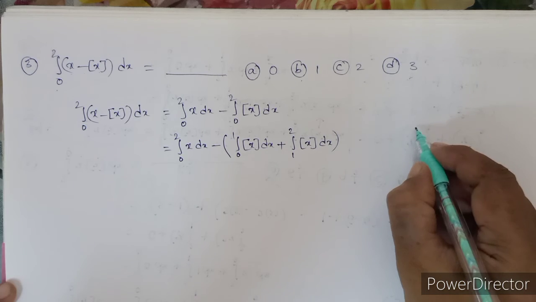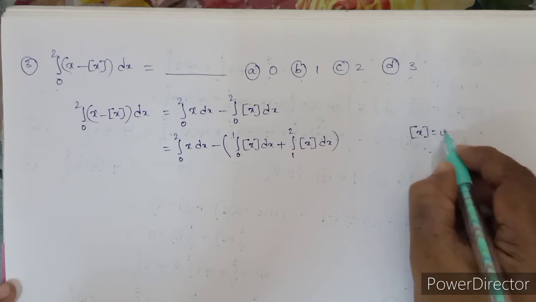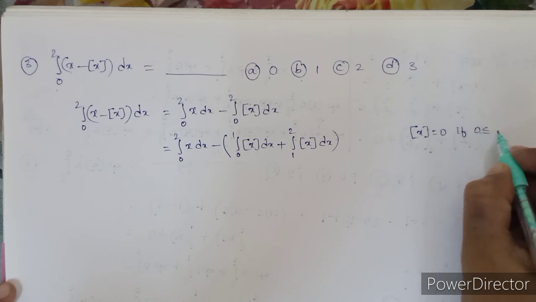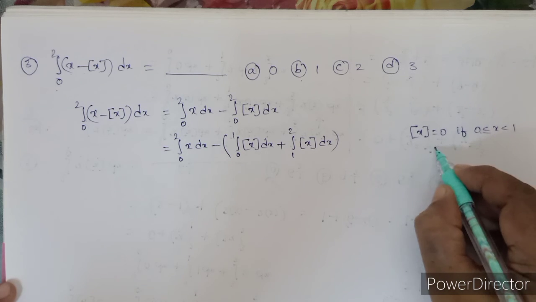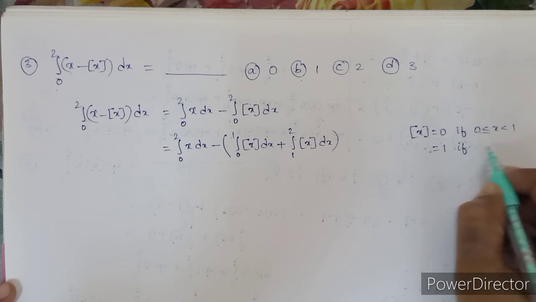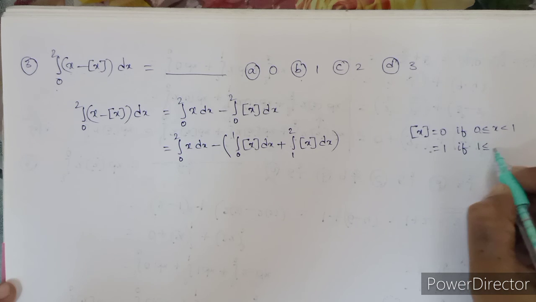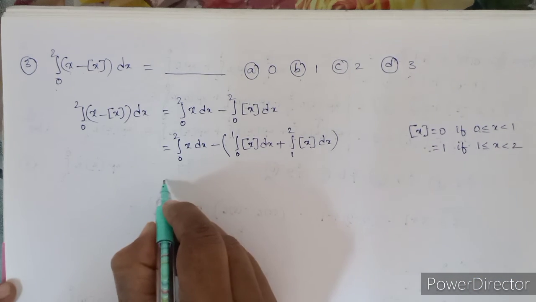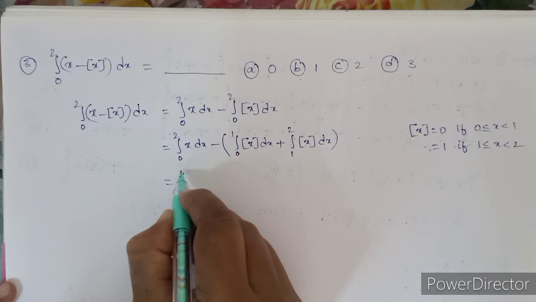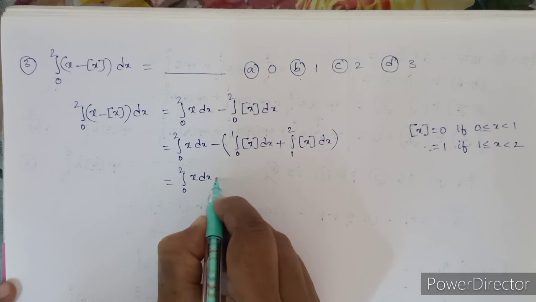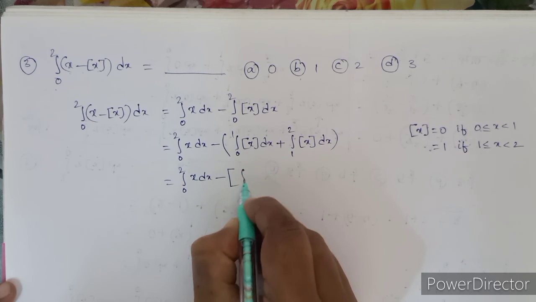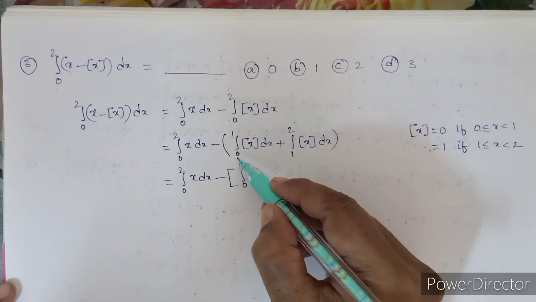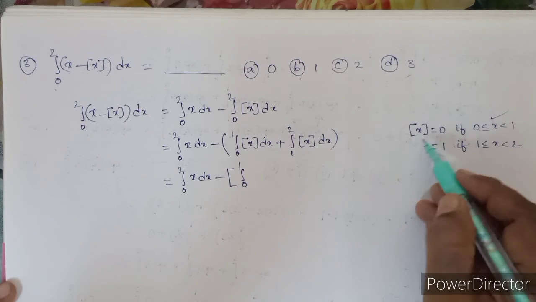As we have discussed, step x is equal to 0 if 0 is less than or equal to x less than 1. Step x is equal to 1 if x lies in between 1 and 2. Now integral 0 to 2 x dx minus of integral 0 to 1, when x is lying in between 0 and 1, step x is 0.